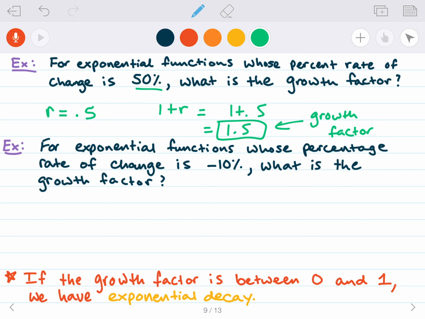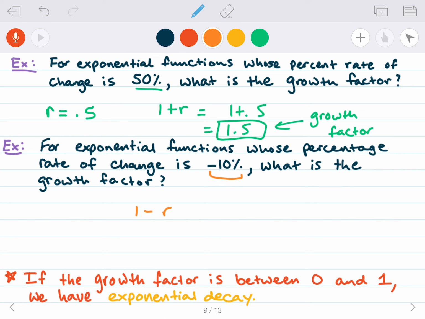Okay. Next one says exponential functions whose percentage rate of change is negative 10%. What is the growth factor? So now we're decreasing by 10% every unit of time. And so we're going to use the 1 minus r formula because this is decay. The number's getting smaller and smaller.